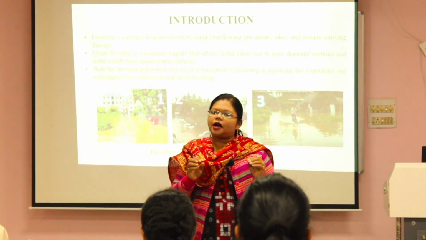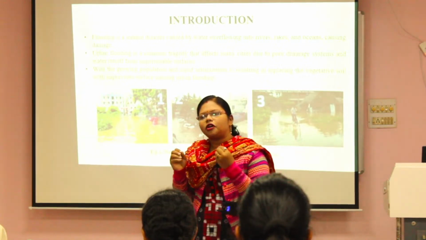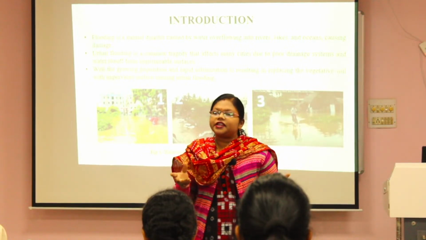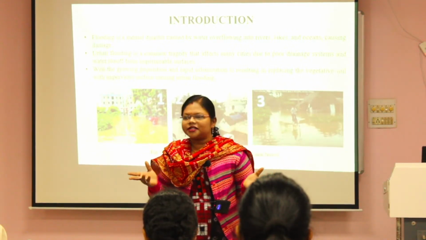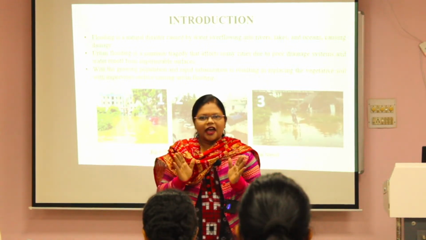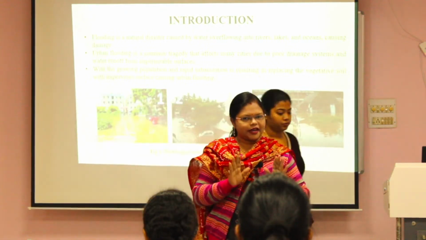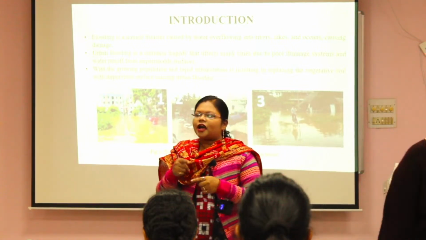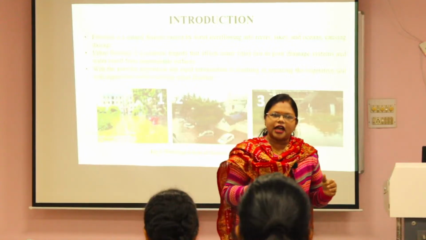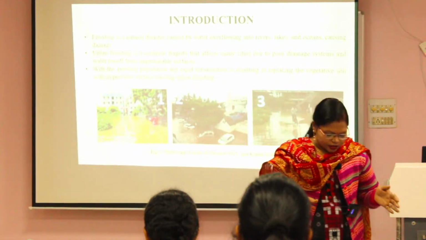You have multi-storied buildings and offices. Bhubaneswar is a smart city with all the infrastructure, and we can avail all the facilities, right? But we have to see the flood situation also. Due to this infrastructure, we have the flood situation, right?